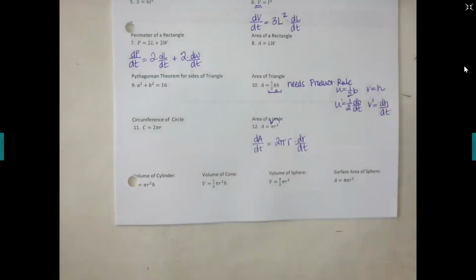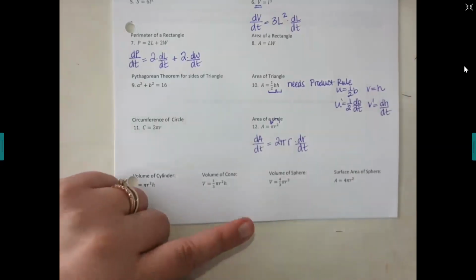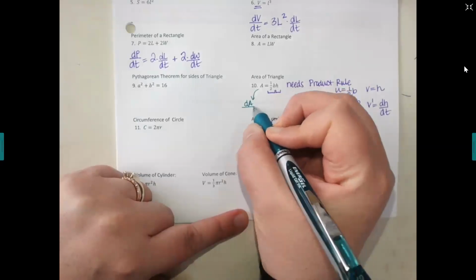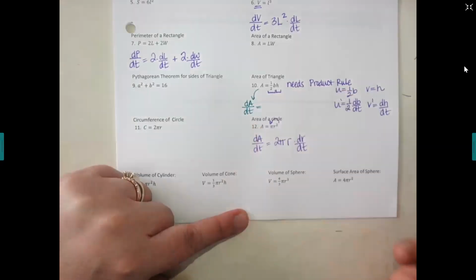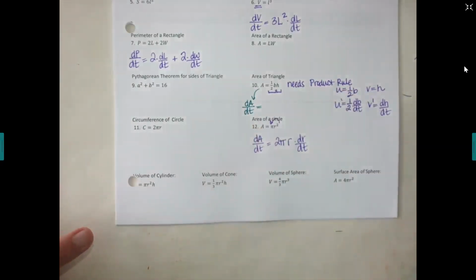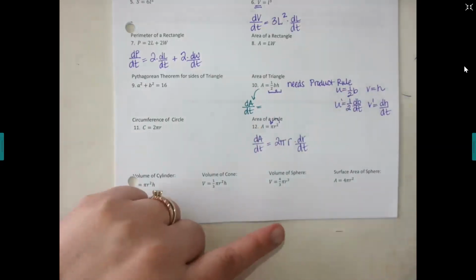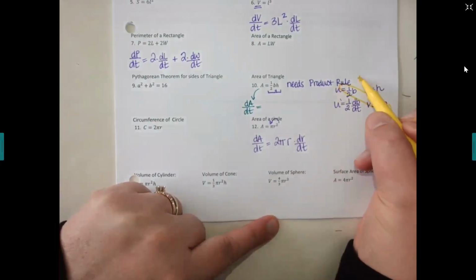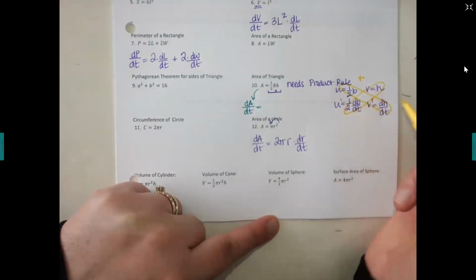Okay, now let's write our derivative. So the derivative of A is going to be called what? dA/dt. And then remember, for product rule, you're multiplying the diagonals and then adding them together. So it's going to be this times this, plus in the middle, this times this.